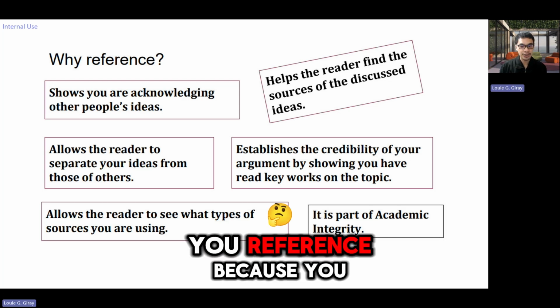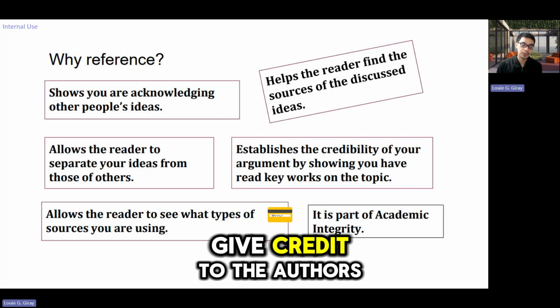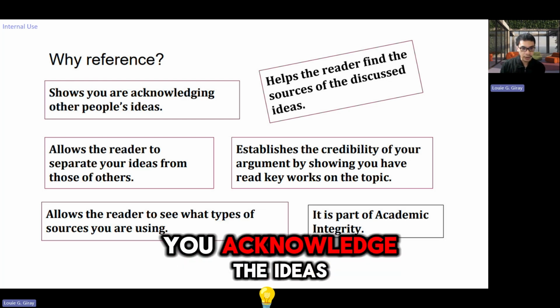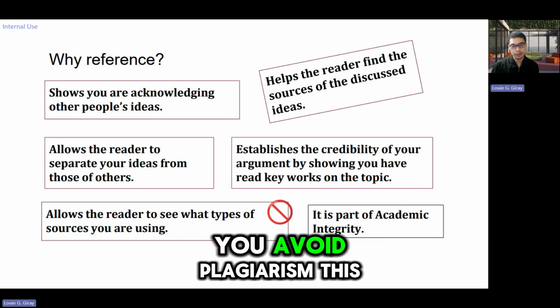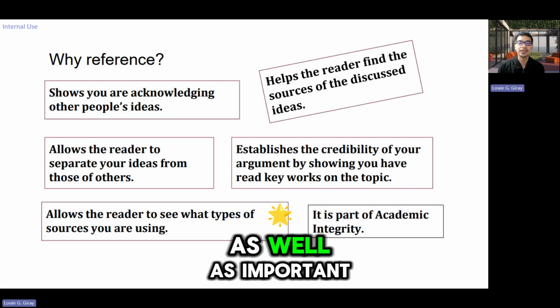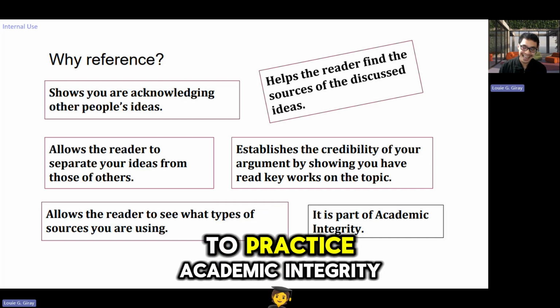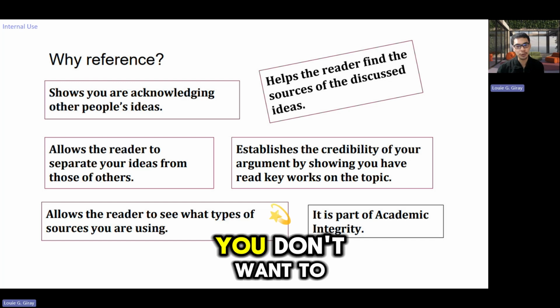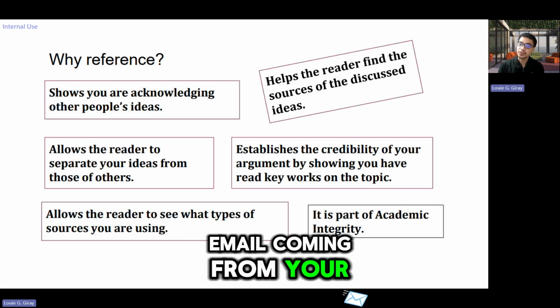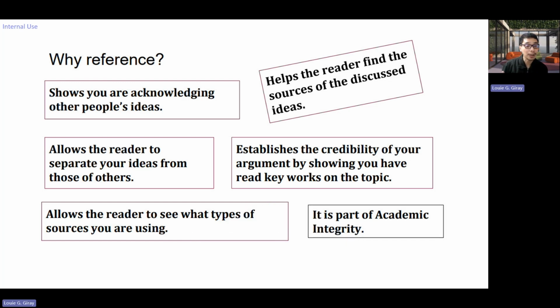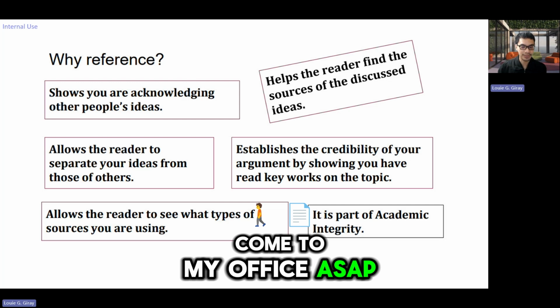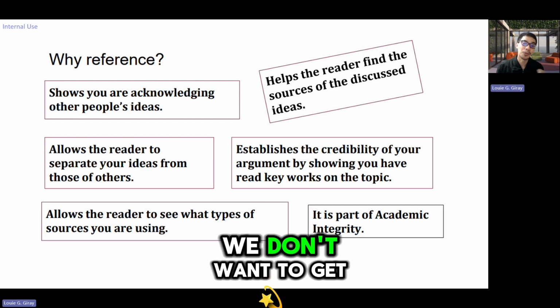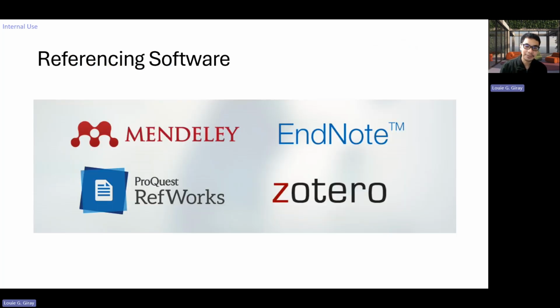You reference because you give credit to the authors, you acknowledge the ideas of others, you avoid plagiarism. This is also important to practice academic integrity or honesty. And of course, you don't want to get an email from your professor saying, come to my office ASAP. We don't want to get that email.